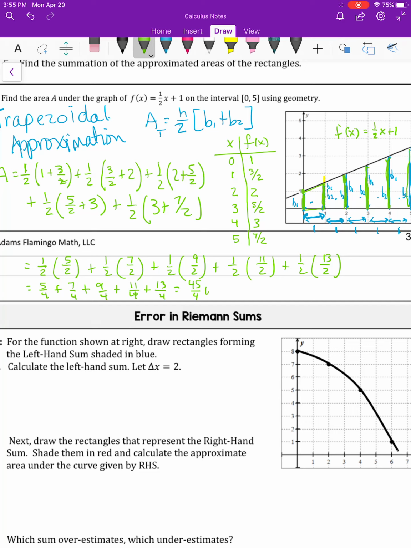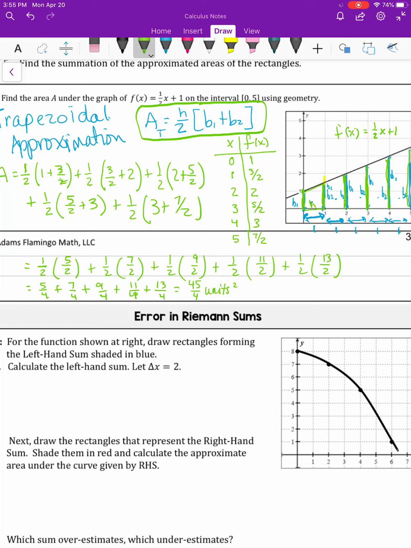So that gives us 5/4 plus 7/4 plus 9/4 plus 11/4 plus 13/4. So we've got 45 fourths, units squared, would be the area under the curve.